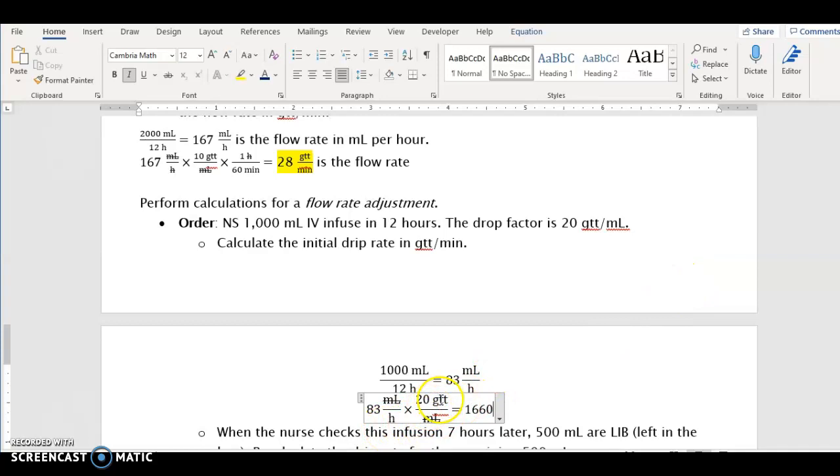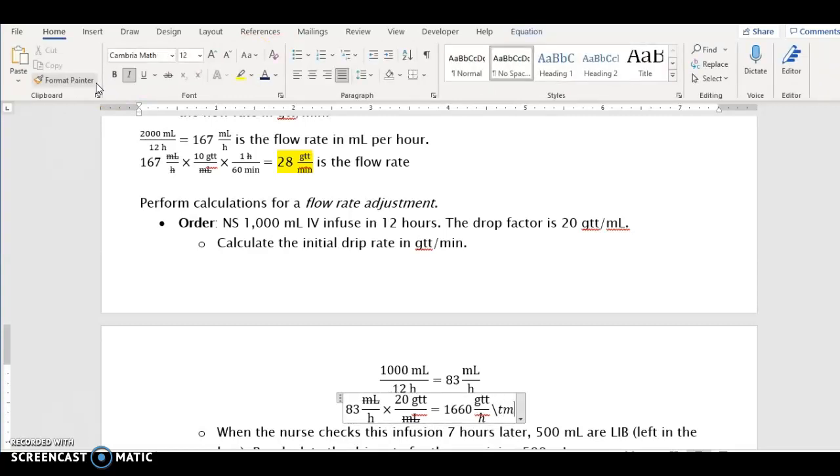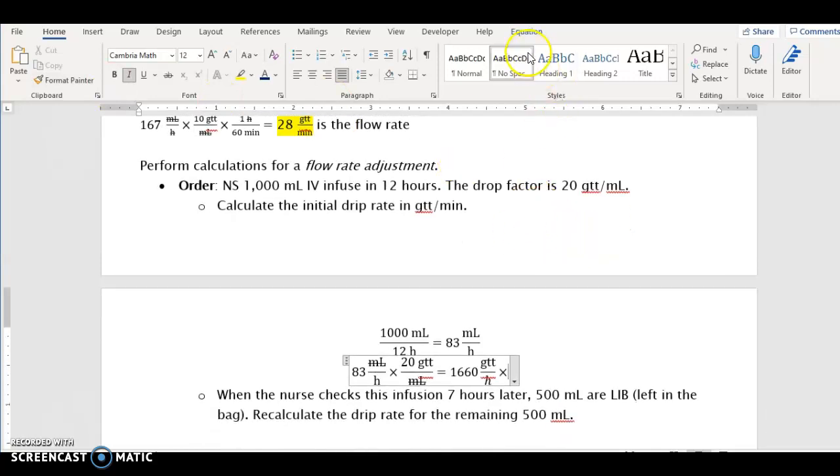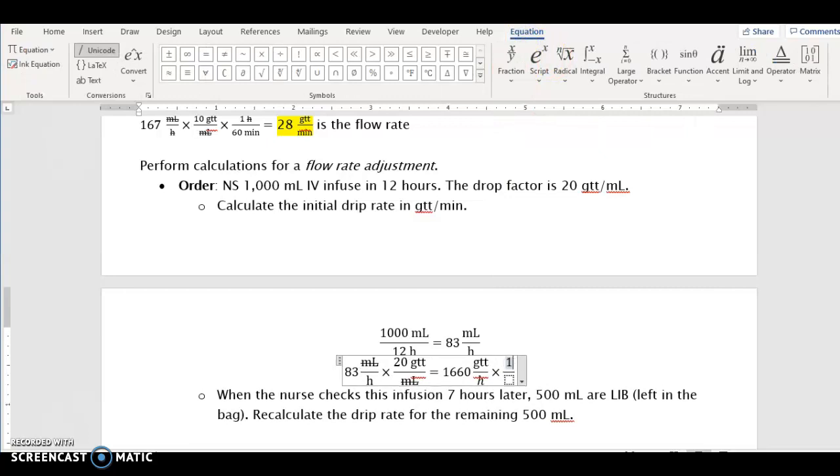So that's 1660 drops per hour. The remaining units are drops in the numerator and hours in the denominator. Next, we multiply by 1 hour over 60 minutes. In other words, we divide that by 60 to get the flow rate in drops per minute.